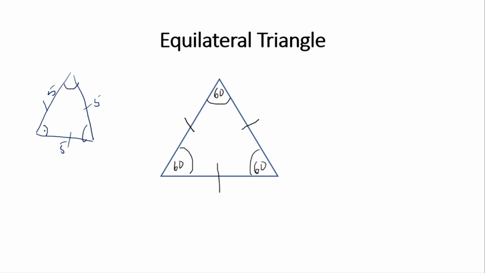So we have A, this is also going to be A, and this is also going to be A. So A plus A plus A, which we learnt that the sum of interior angles in a triangle is equal to 180. 3A equals 180. We divide by 3, we get A to be equal to 60 degrees. And that is why an equilateral triangle has each interior angle to be 60 degrees.